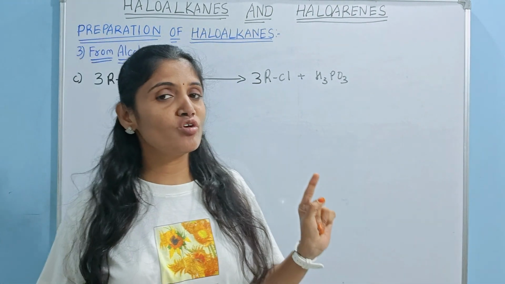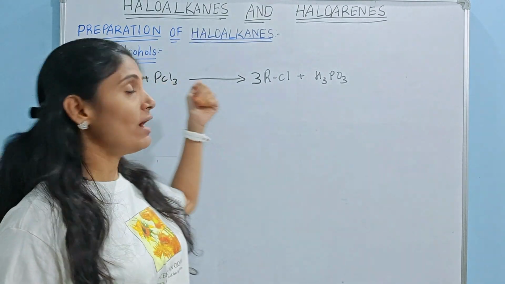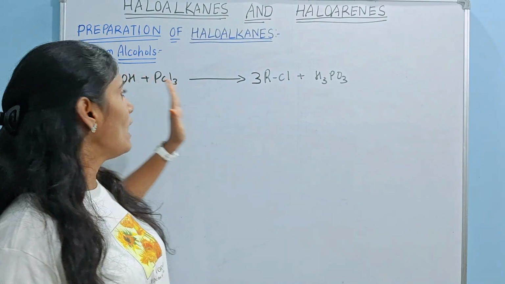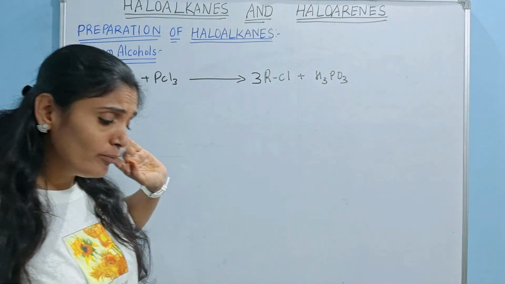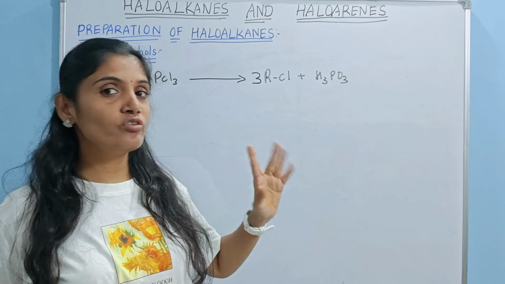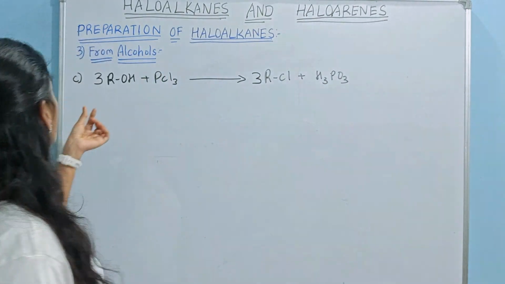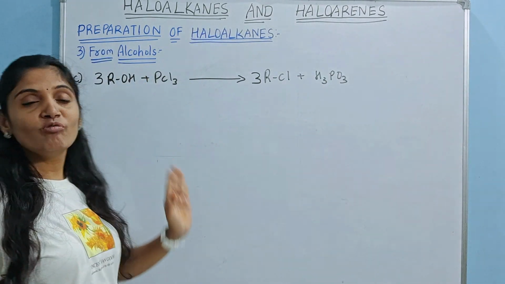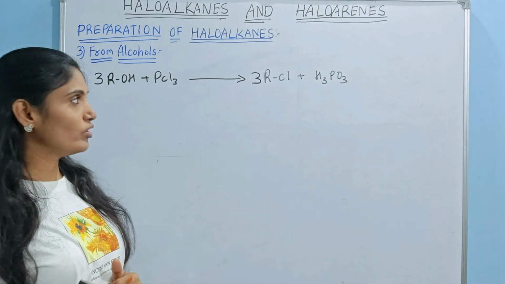Previously we saw preparation of haloalkanes from alcohols using Lucas reagent. Then we saw preparation using PCl5 in both gaseous and solid form, and how the stereochemistry is different there. Now we are going to see the preparation of haloalkanes from alcohol using PCl3.